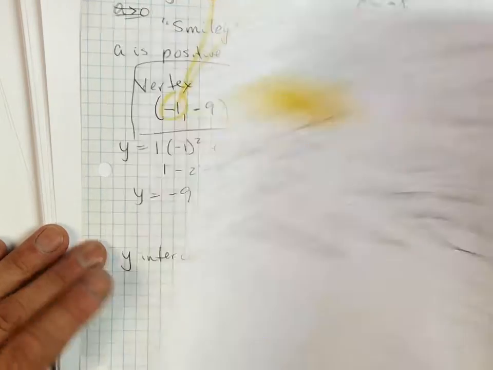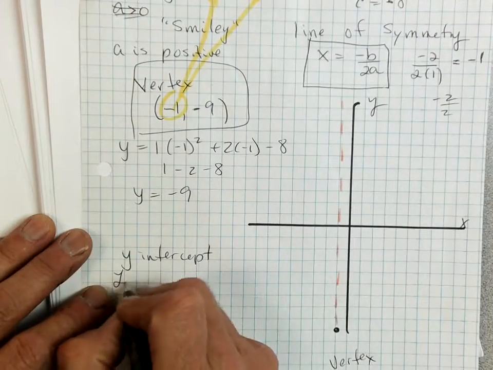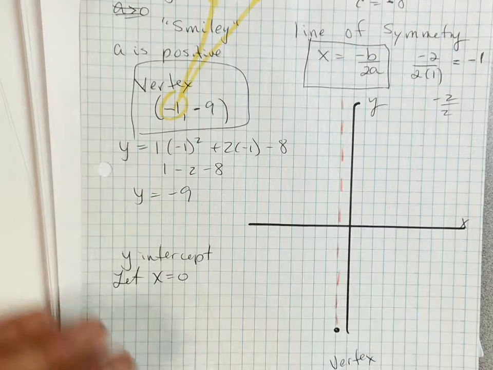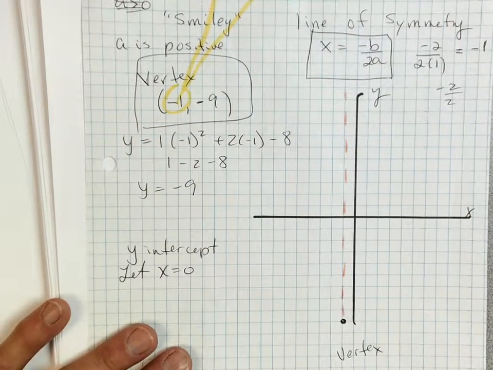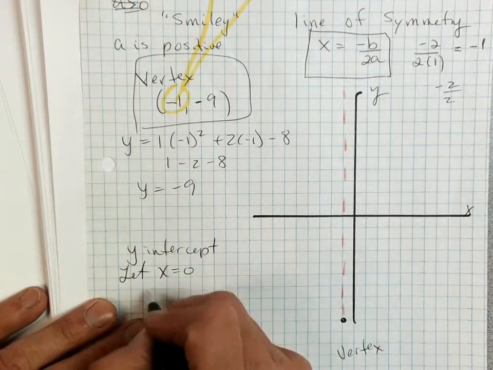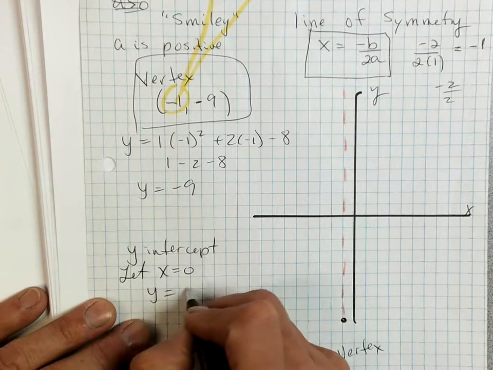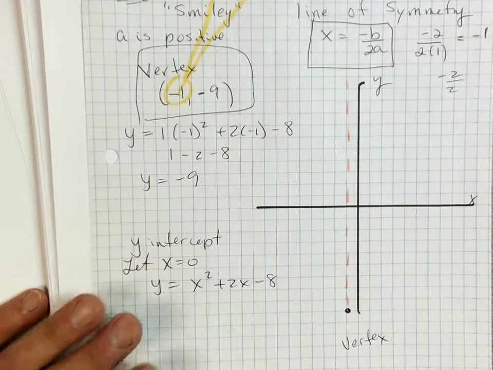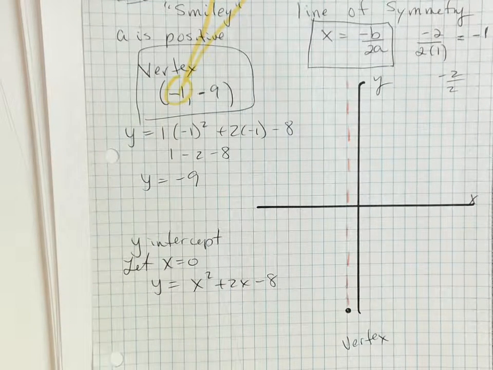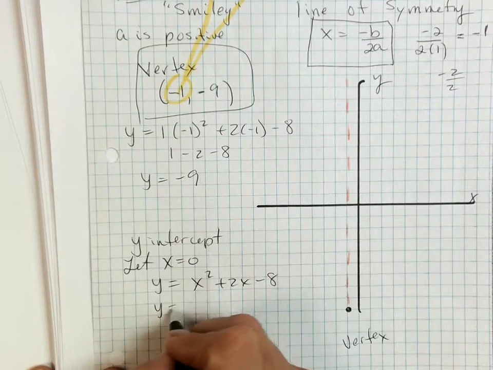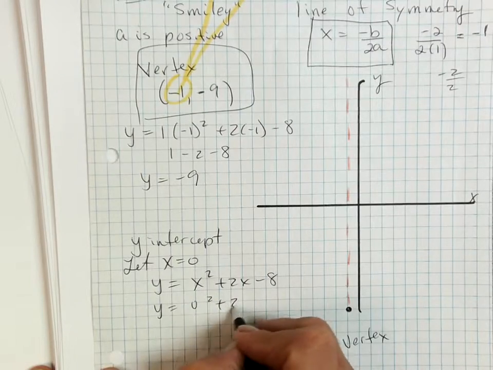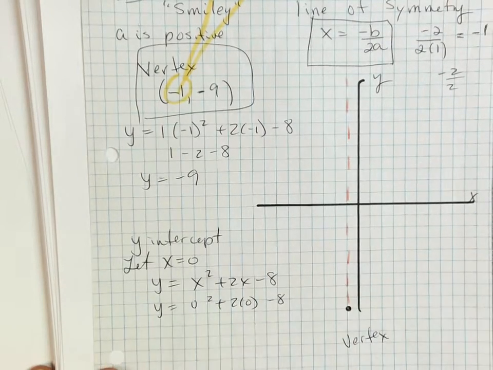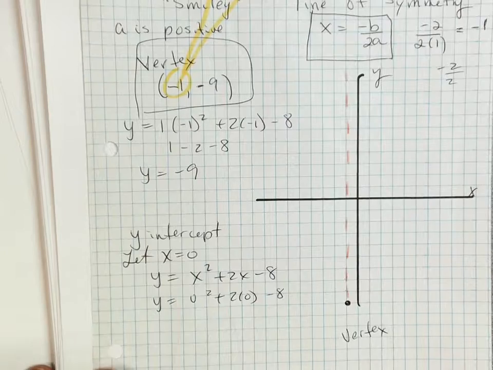So from my original equation, which was y equals x squared plus 2x minus 8, I plug in 0 for x, but like Isaac said, there's two x's, so I plug it into both. So y would equal 0 squared plus 2 times 0 minus 8, and guess what you get? It should be negative 8. Agree?